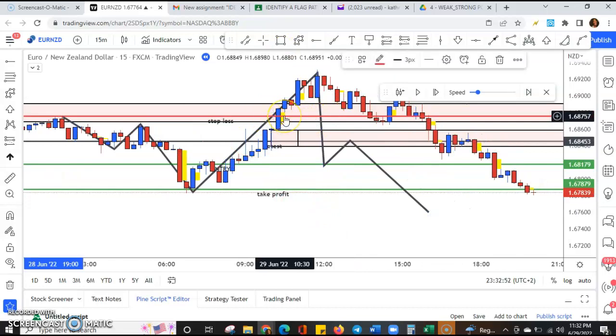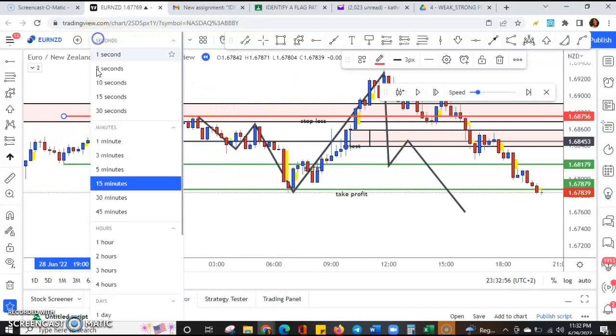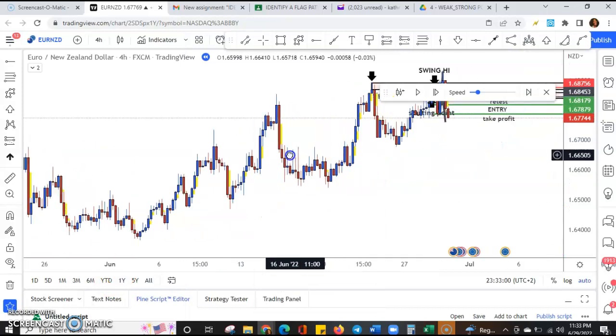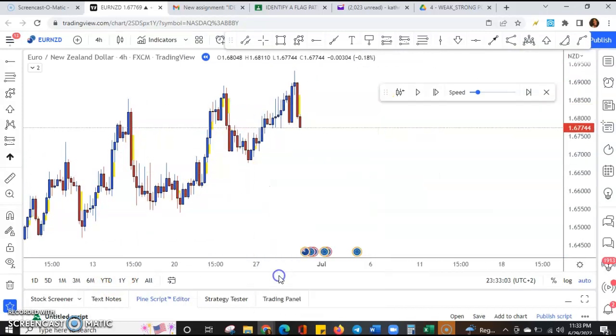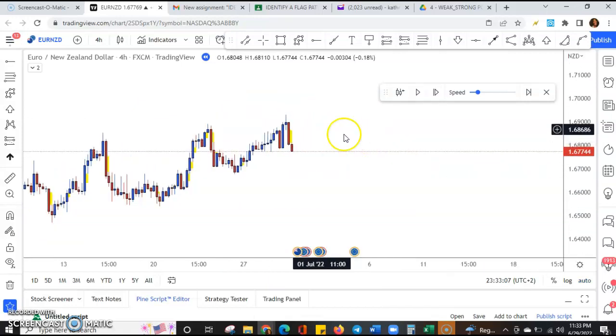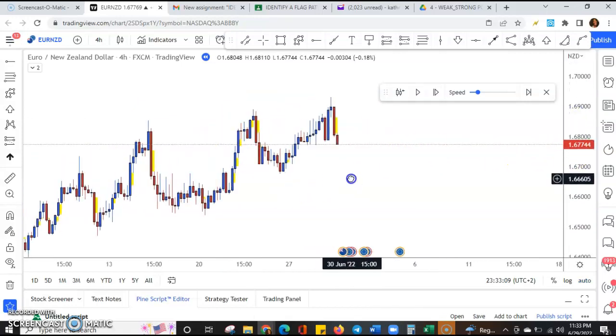So, lessons learned from this setup: you want to identify your swing high. Okay, let me remove all of this. You truly want to identify your swing high.